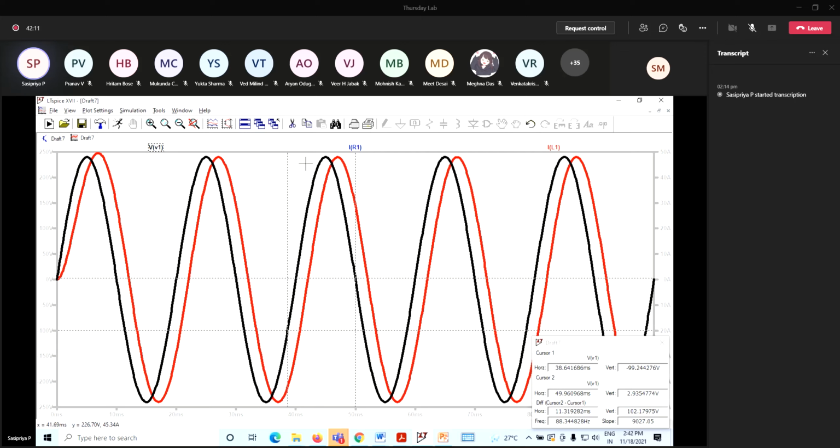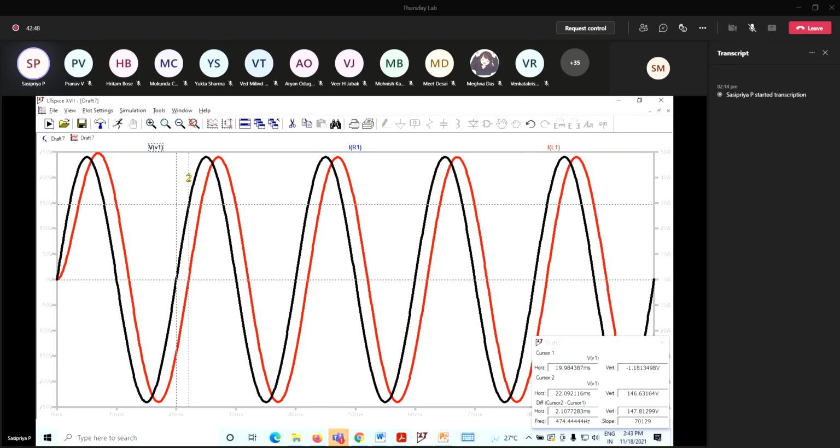We all know the phasor difference between the voltage and current. So I place this at the zero crossing point. The black color waveform corresponds to V of V1, the voltage. So I keep the cursor at the zero crossing point. In the same way, the red color is the current waveform, and I place the cursor at its zero crossing point.